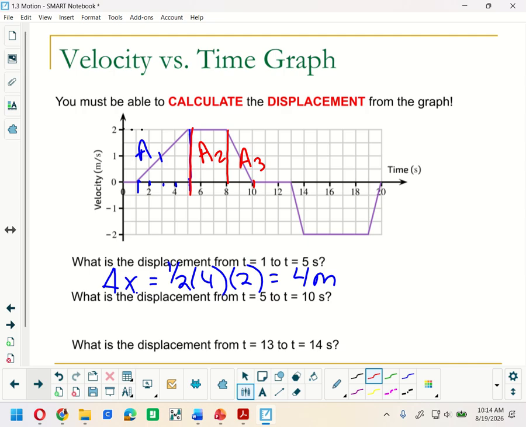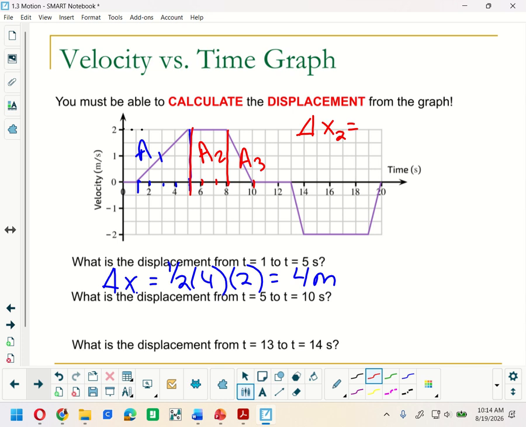All right, so for A2, from my second triangle, what's my base? 3. 1, 2, 3.